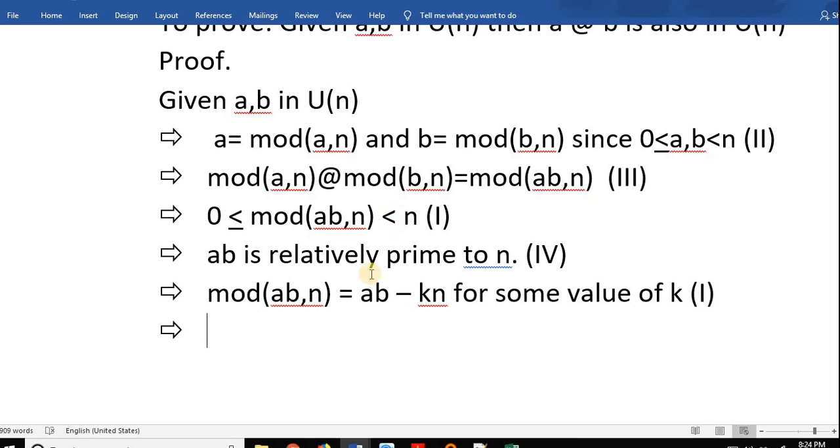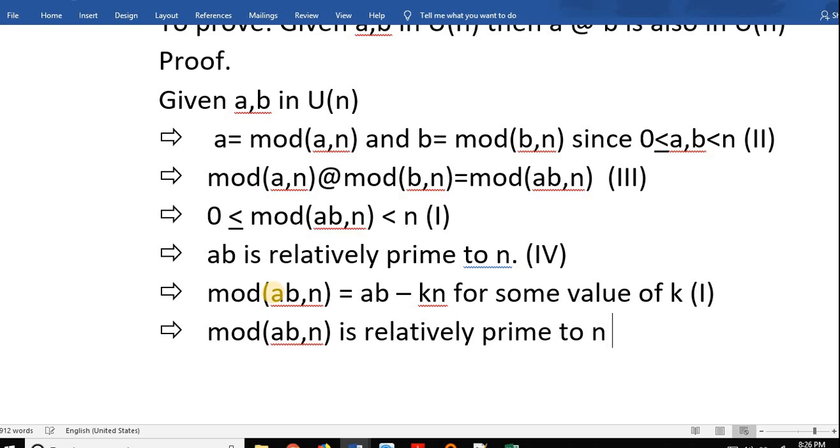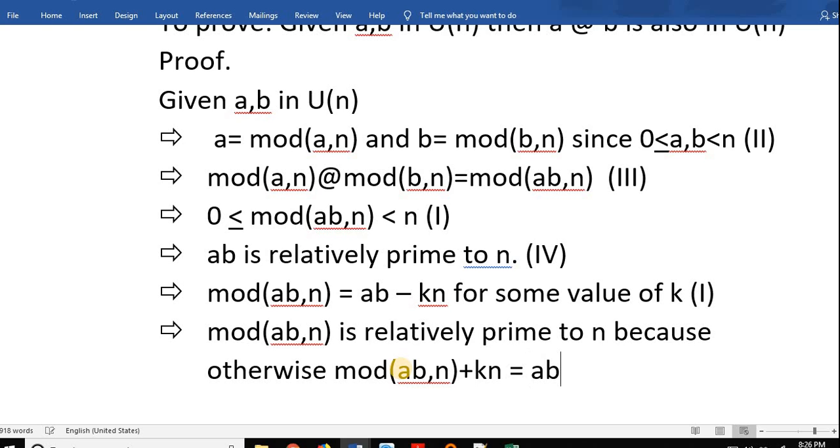Now I want to get that mod AB, and AB, I know that AB is relatively prime to n, and I want mod AB is also relatively prime to n. And I can argue this way. I can say mod ABN is relatively prime to n, because otherwise I could rearrange this equation here and I could get mod AB plus Kn is equal to AB.